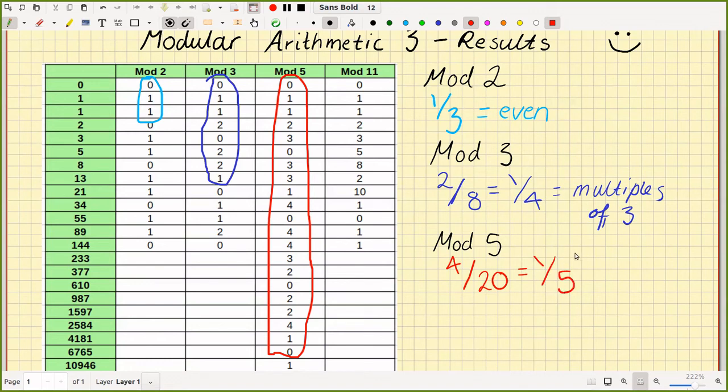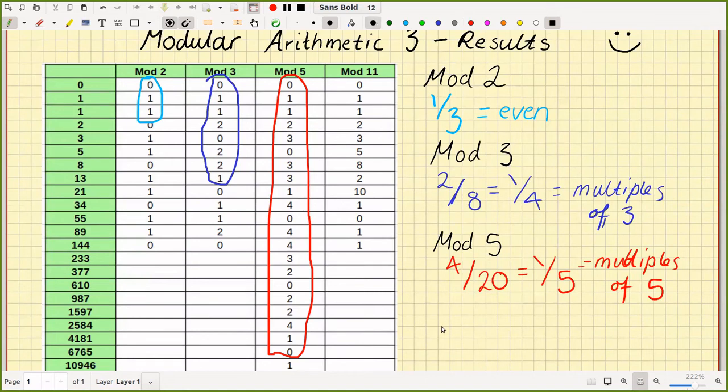So 1/5 of these numbers are multiples of 5, which is cool. I can't spell multiples. Multiples of 5. Awesome. Now quickly let's look at modulo 11.